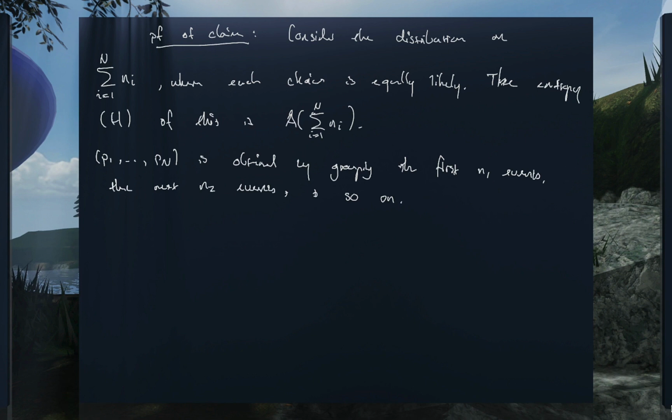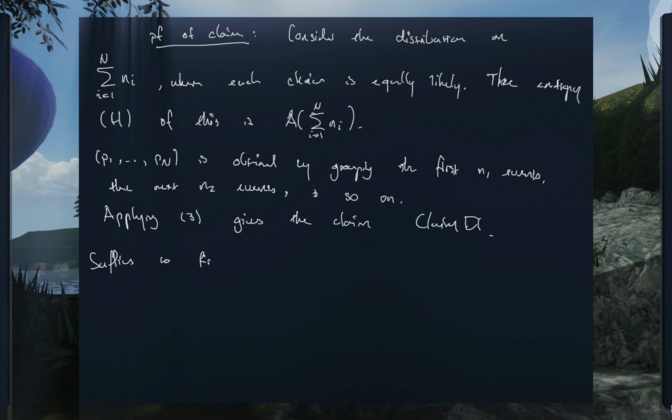Okay, and then if we apply assumption 3, that gives the claim. Okay. So, given this claim, it suffices to find A of n for all n.